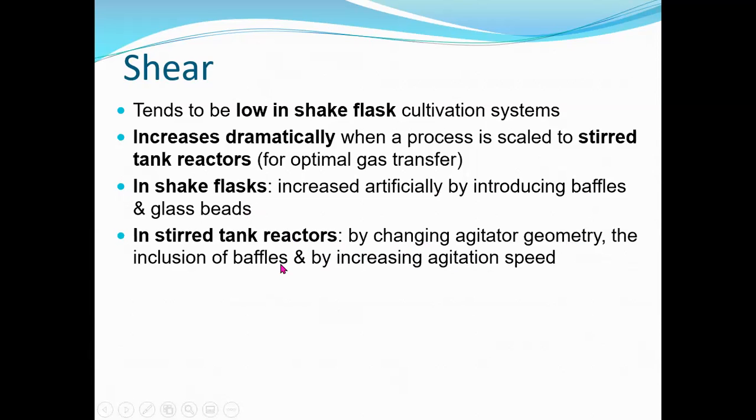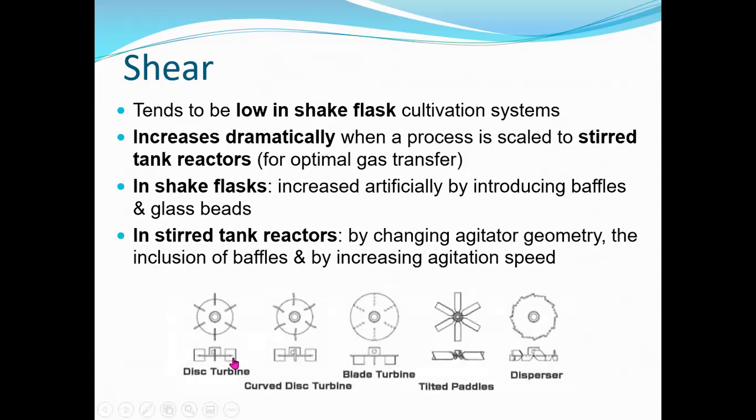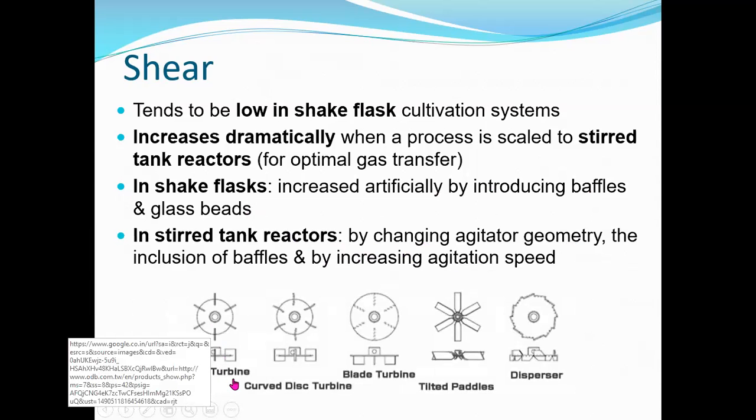Also, you can use baffles at the larger scale, and you can control the speed of the agitators. So these are various blades. I have already mentioned the disc turbine, curved disc turbine, blade turbine, tilted paddles, and the disperser.